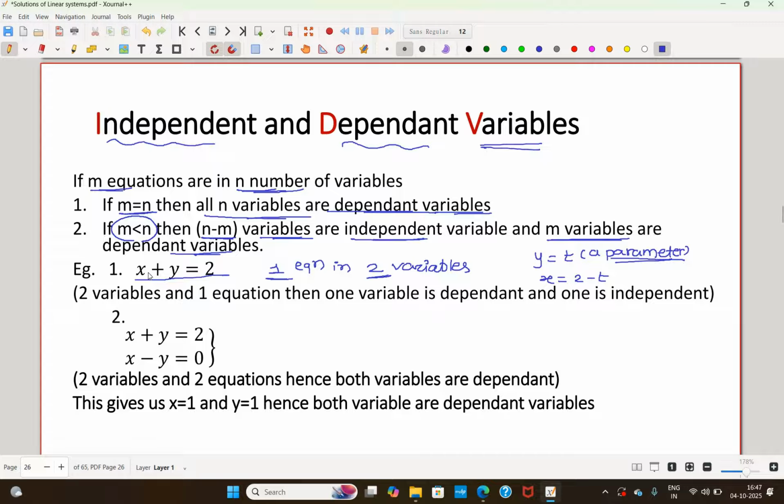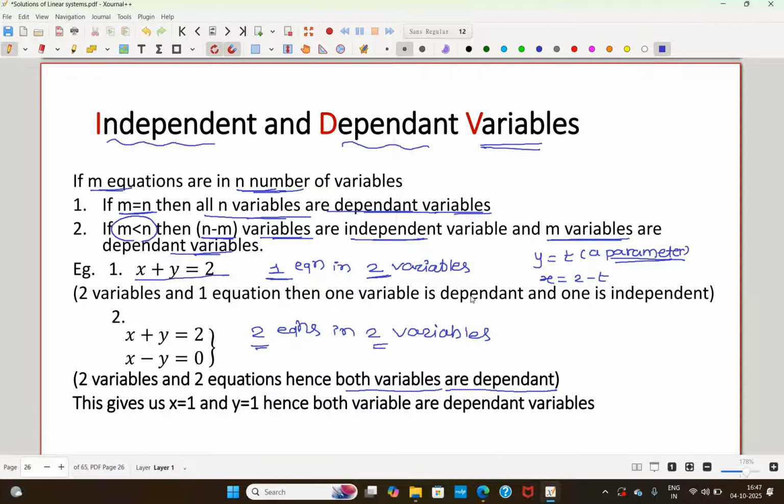So the number of equations and the number of variables are important here. Let us take one more example. x plus y is equal to 2 and x minus y is equal to 0. Now we have two equations in two variables. Both of the variables are dependent because the number of equations and the number of variables are the same.